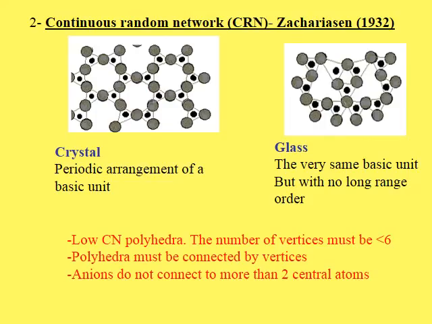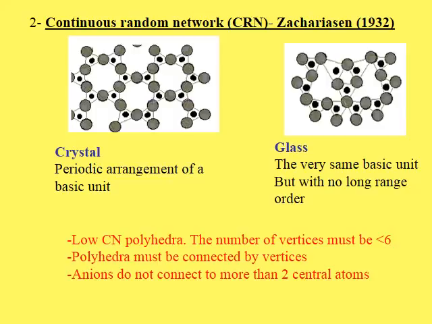Zachariasen, in his famous paper of 1932, also proposed some rules that would allow the formation of his continuous random network. The rules are like this: low coordination number polyhedra, so the number of vertices must be lower than 6.